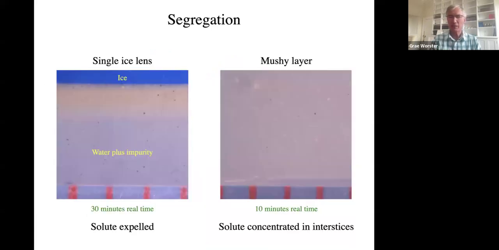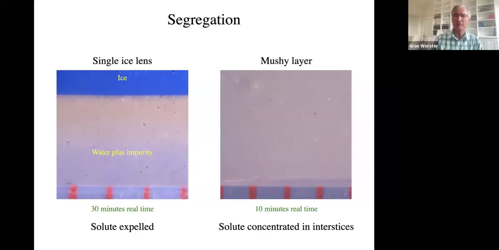So let me go back to this experiment, and we've seen the video on the left. This had to be done very, very carefully in the laboratory by growing the ice very slowly. If you grow it at more typical rates, typical of what you would find out in the ocean, then we get the video on the right.